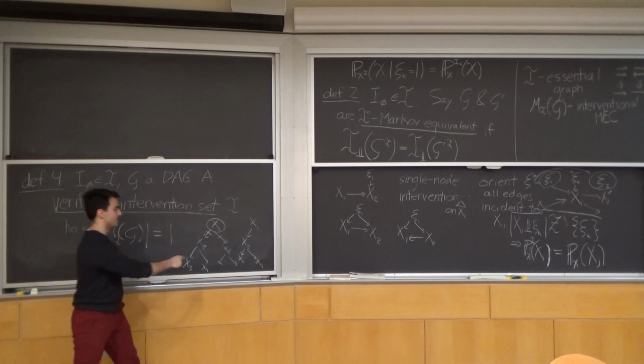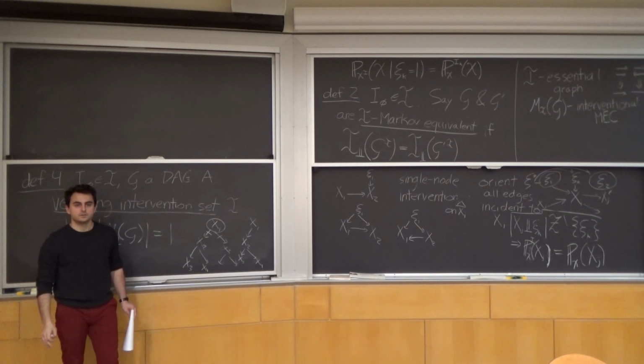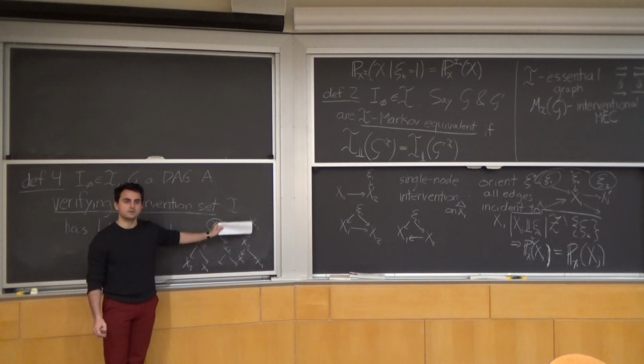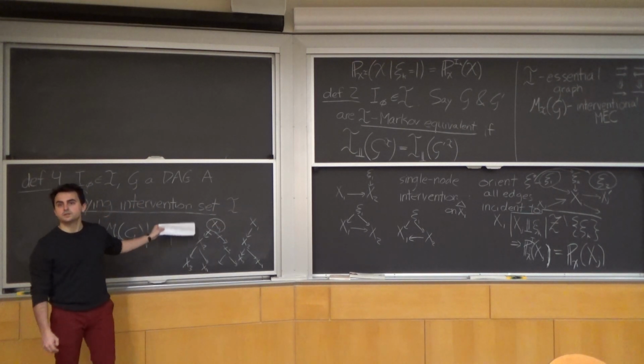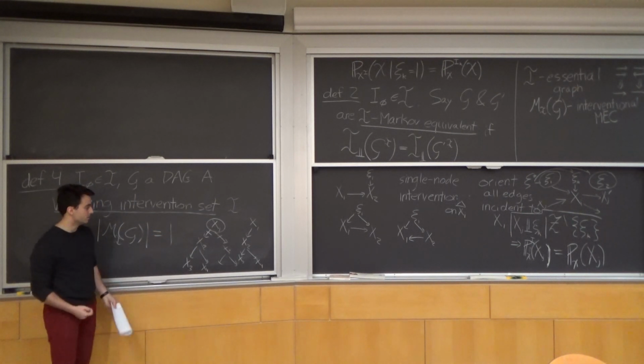What happens if I have x3 to x2 instead? In that case, I'm going to get an extra unshielded collider. So the whole tree gets oriented from just applying the first Meek rule over and over again.